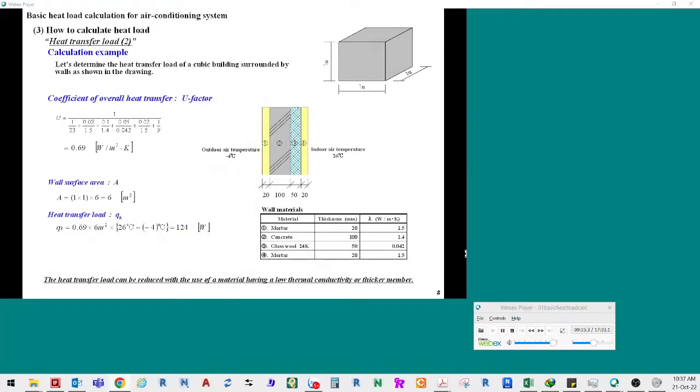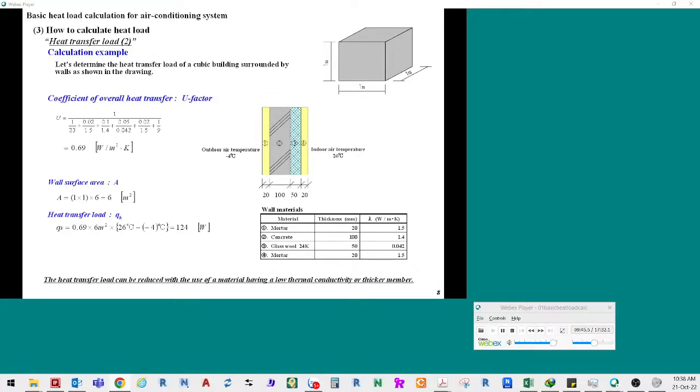Let's determine the heat transfer load of a cubic building surrounded by walls as shown in the drawing. The wall consists of, in order from the outermost point, 20 millimeters of mortar, 100 millimeters of concrete, 50 millimeters of glass wool insulation material, and 20 millimeters of mortar. This building has 6 walls having the same structure.